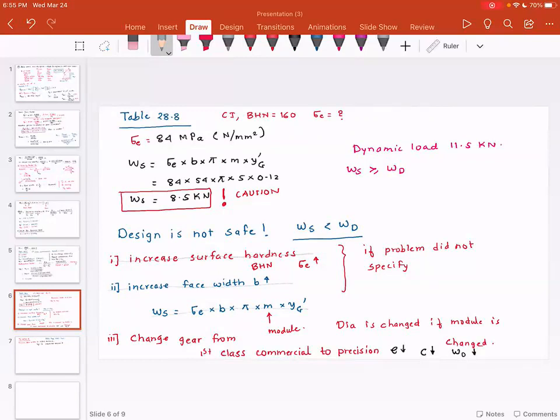Now, some of you may ask, would it be advised to go with precision cut gears? In this particular case, not all the time are precision cut gears required. But this is a tricky problem because the pinion is made up of a different material and the gear is made up of a different material.